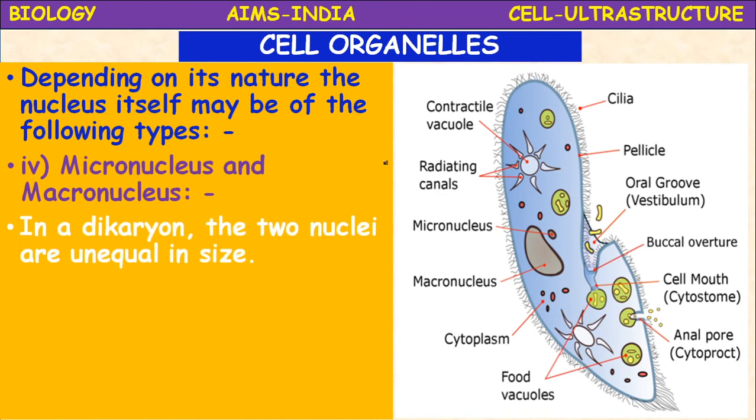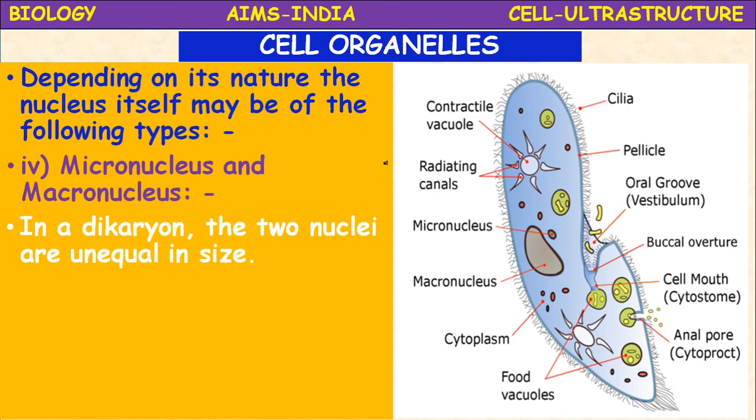Previously we studied different pronucleus, male pronucleus, female pronucleus. We also studied the different nuclei depending upon the nature of the nucleus itself: eukaryon, dikaryon, polykaryon, heterokaryon and synkaryon. We studied about the amphinucleus, means diploid type of nucleus.